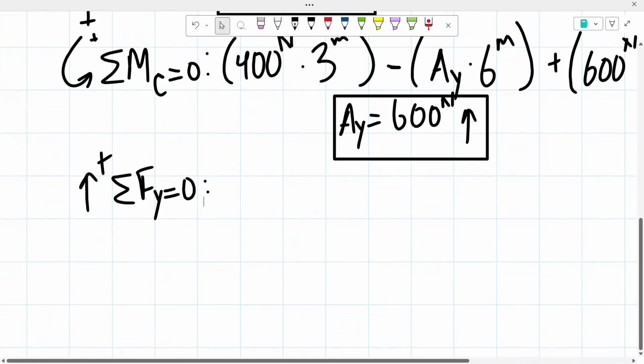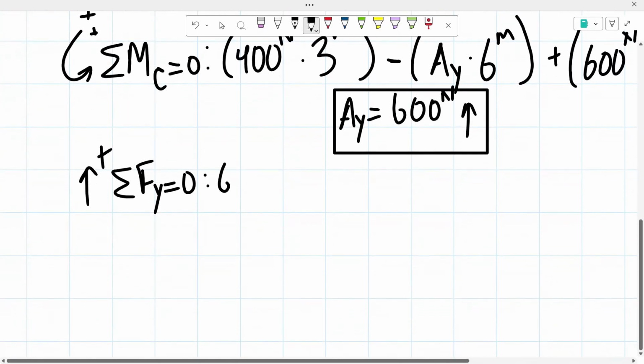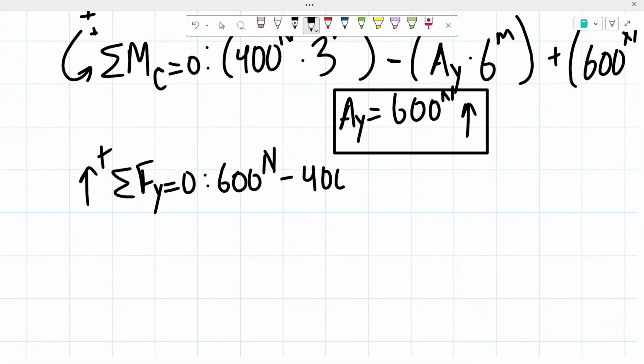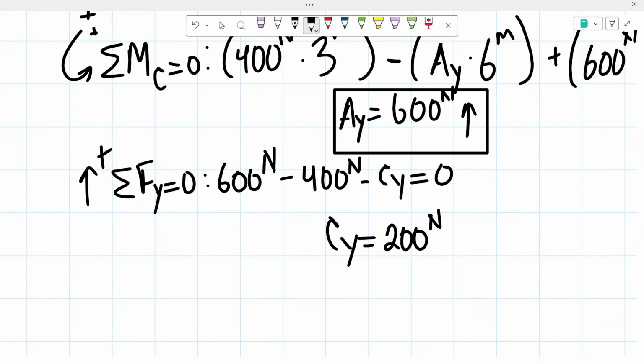So we have positive 600 newtons minus the 400 newtons. And we assume that C of y is going to go downwards, so minus C of y has to equal 0. We end up getting that C of y is equal to 200 newtons. It came out as a positive number, meaning that we assumed correctly, so we know that's going to be going downwards.